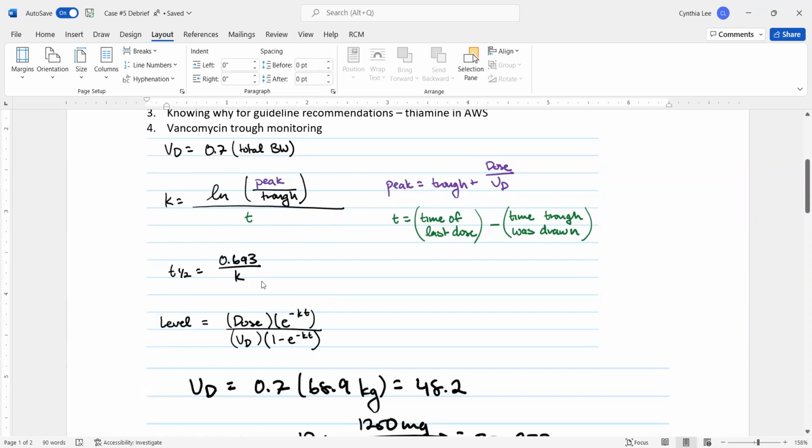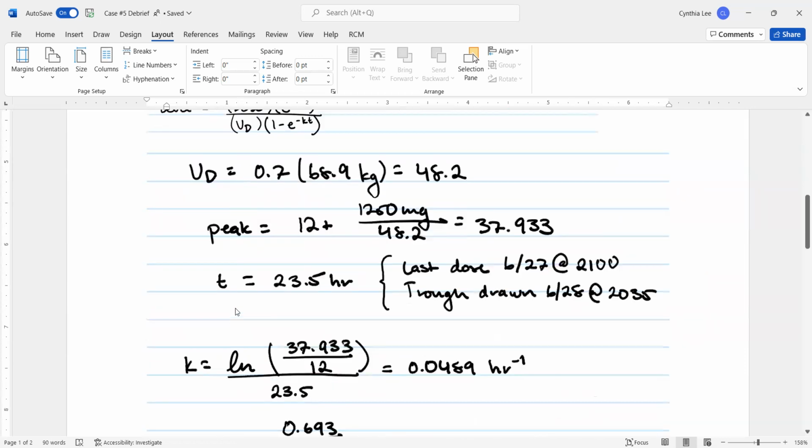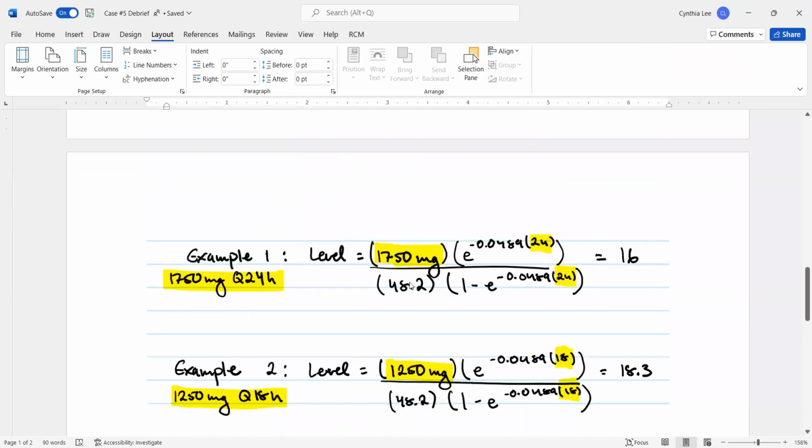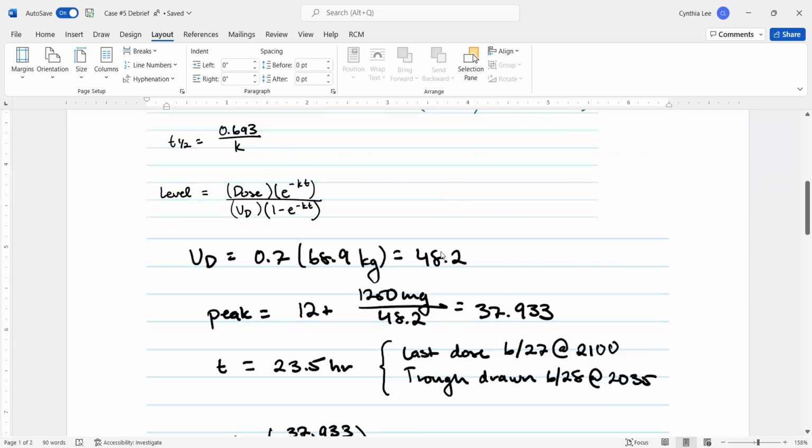And then this is where you would try to figure out the subsequent doses. Basically, if you look at this, for example, you pick and choose what kind of dose you want to give and what kind of interval you want to give, right? So in this case, if you want to give 750 milligrams to this patient Q24 hours, you just plug in the calculations that you did.